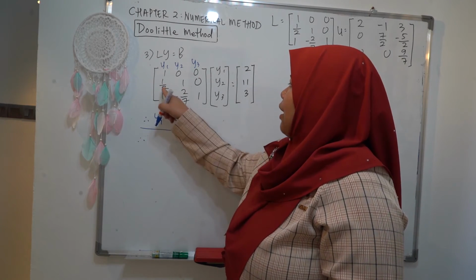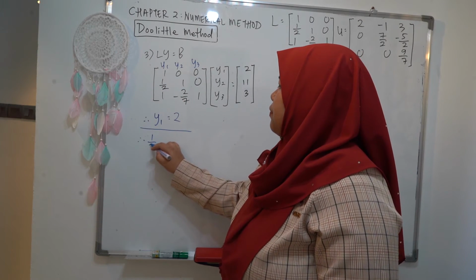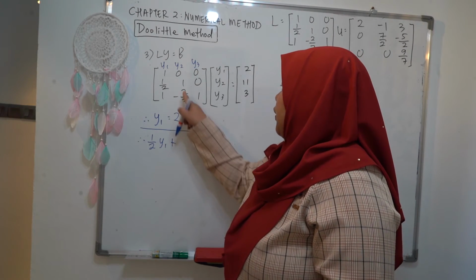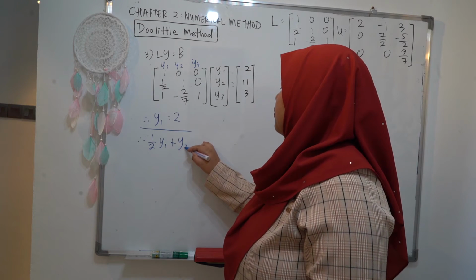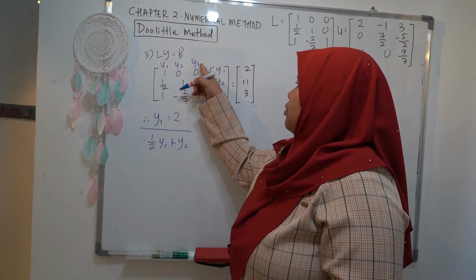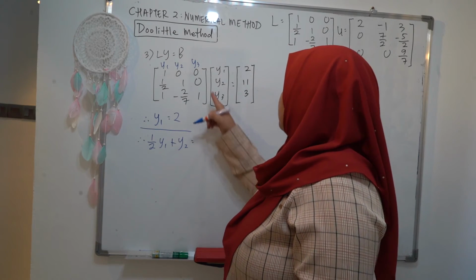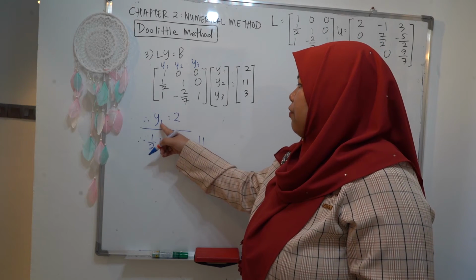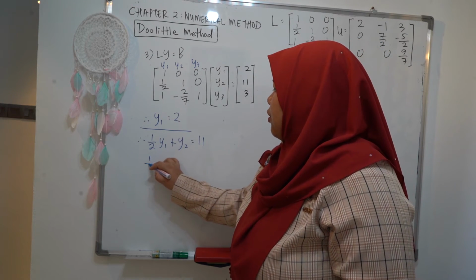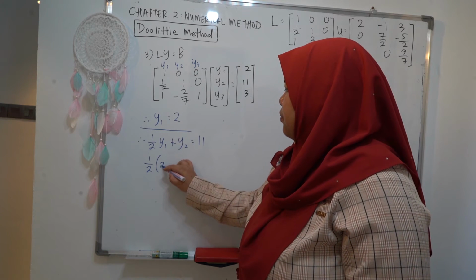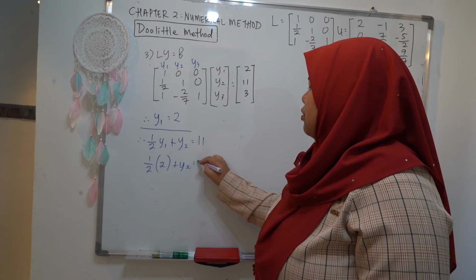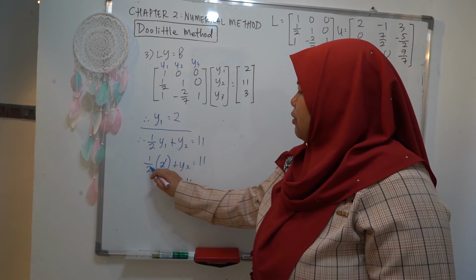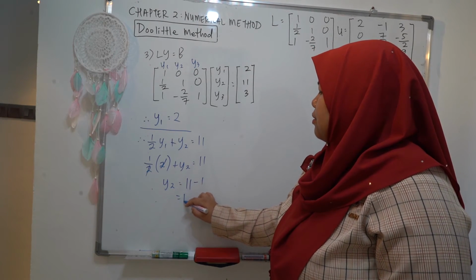The second one, half times y1, plus, always connect with plus, 1 times y2, plus 0 times y3, which is 0, equal to second row, 11. Because we have the number of y1, we just substitute here. So half times y1, which is 2, plus y2 equal to 11. So y2 equals 11 minus 1, so I got 10.